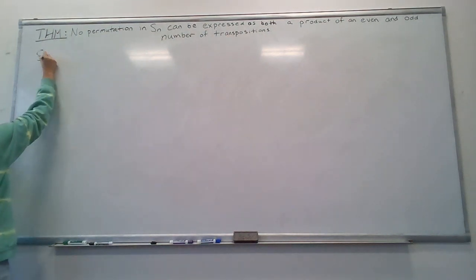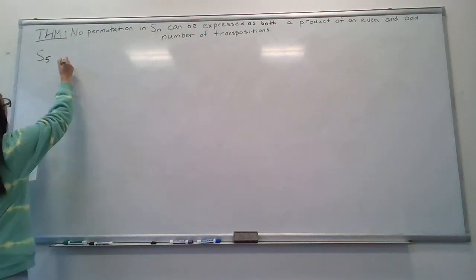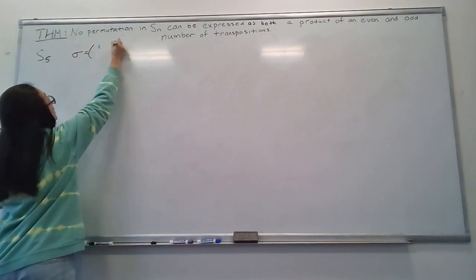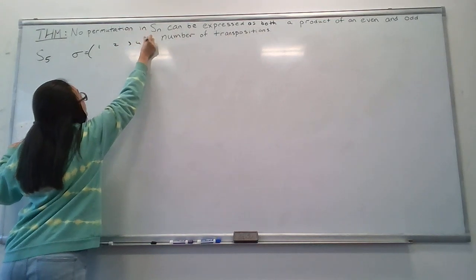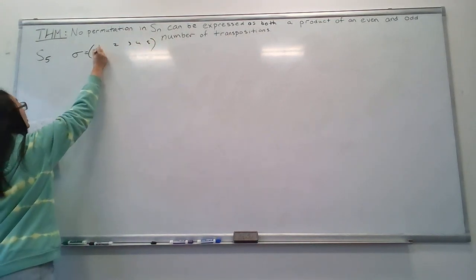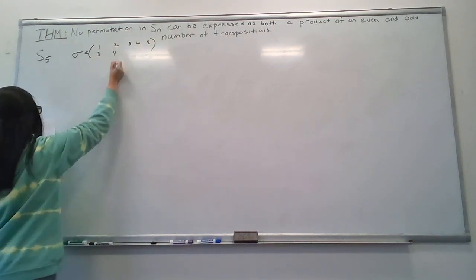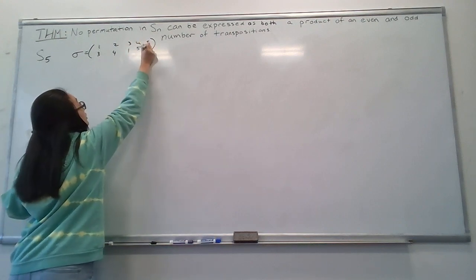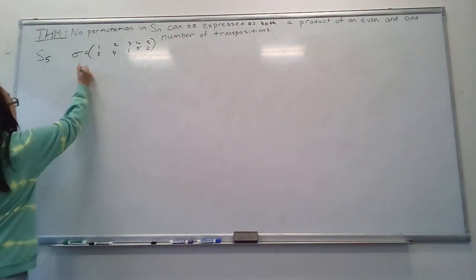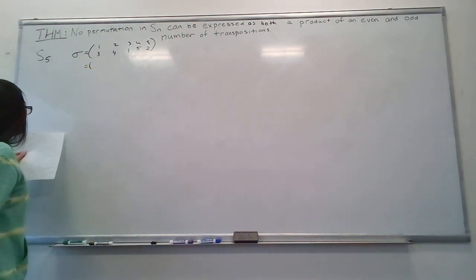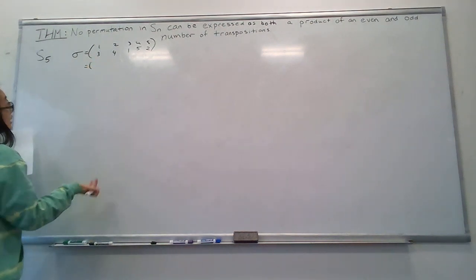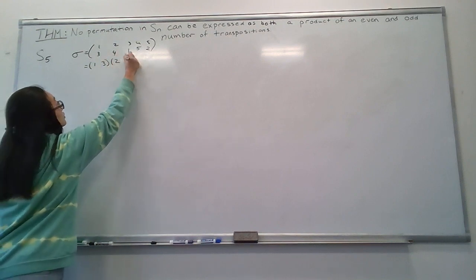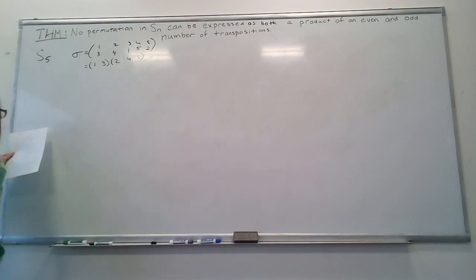Let's use S5, and let's have the permutation where 1 goes to 3, 2 goes to 4, 3 goes to 1, 4 goes to 5, and 5 goes to 2. This can be decomposed into a product of the short cycles, which would be (1 3) and (2 4 5).